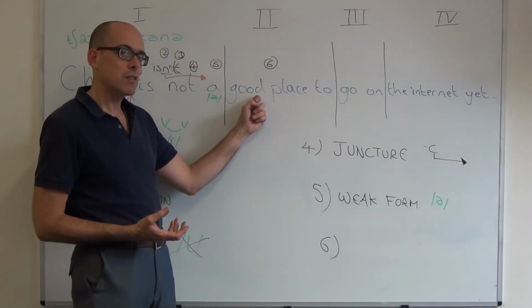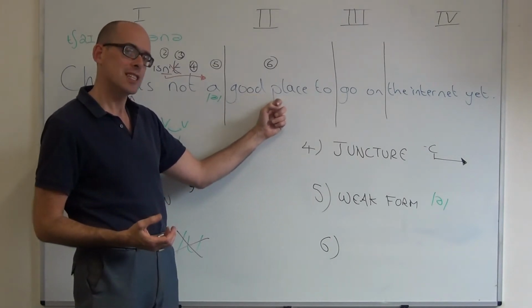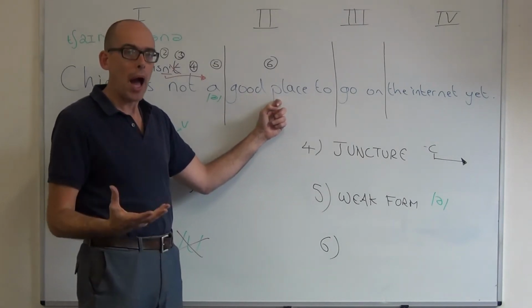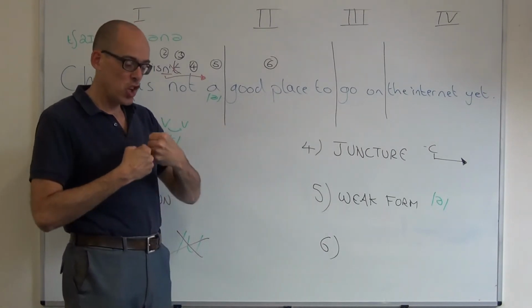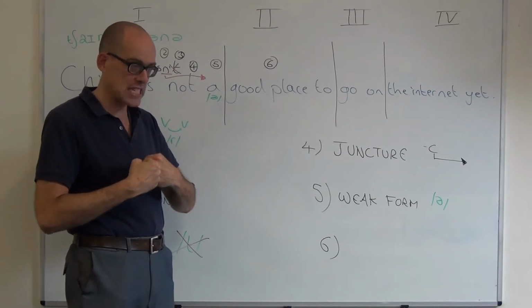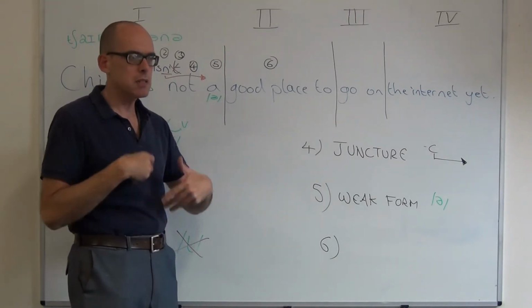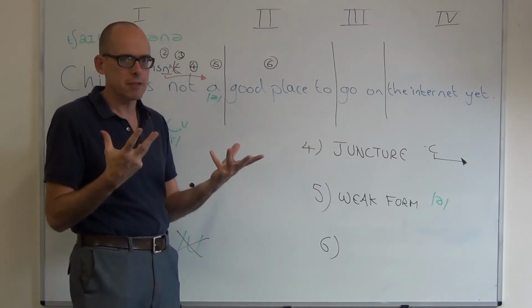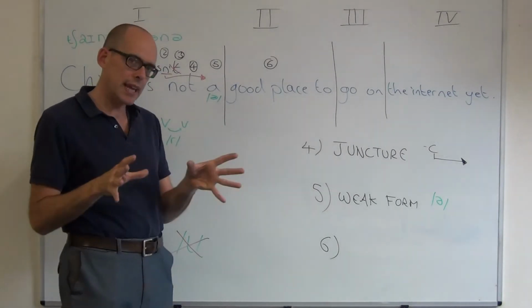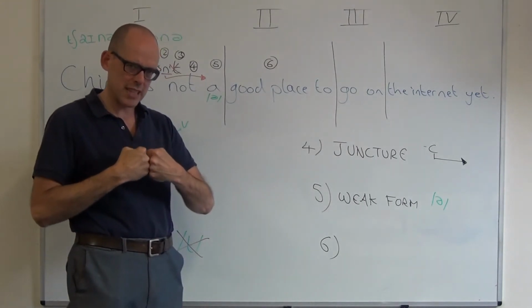This consonant sound is D. And this consonant is B. And they are not comfortable together. It's difficult to say good place, it's too much.